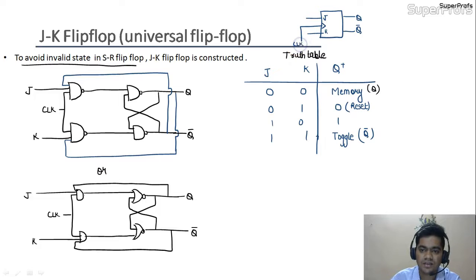So if we are giving edge triggering to this flip-flop, we use this triangle sign. So this is the block diagrammatic representation of a JK flip-flop. So you can make these two circuits and this truth table. Next we are going to see D and T flip-flop.